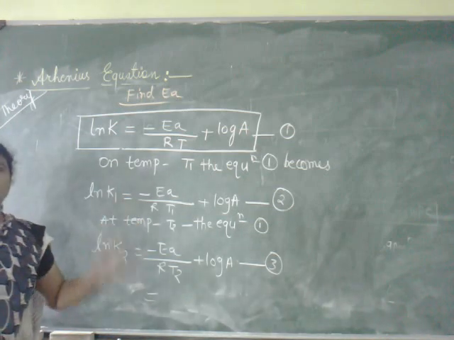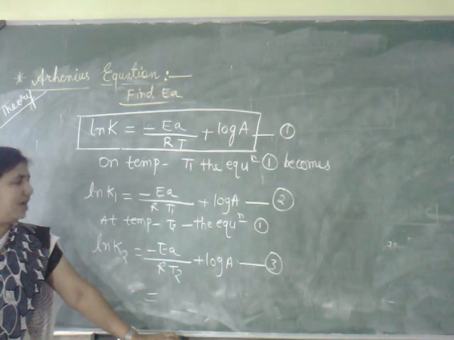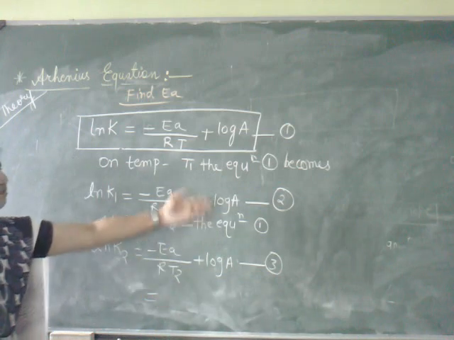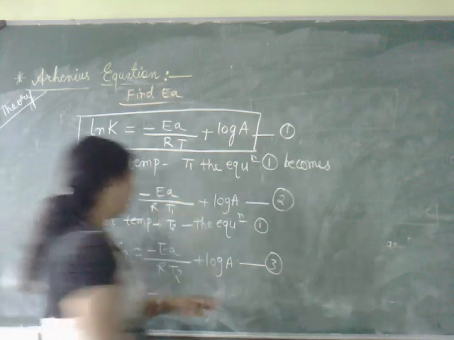These equations are for two rate constants, K1 and K2, and the temperatures are T1 and T2. So what will we do here? Subtract equation number 3 from 2. What will we get here?